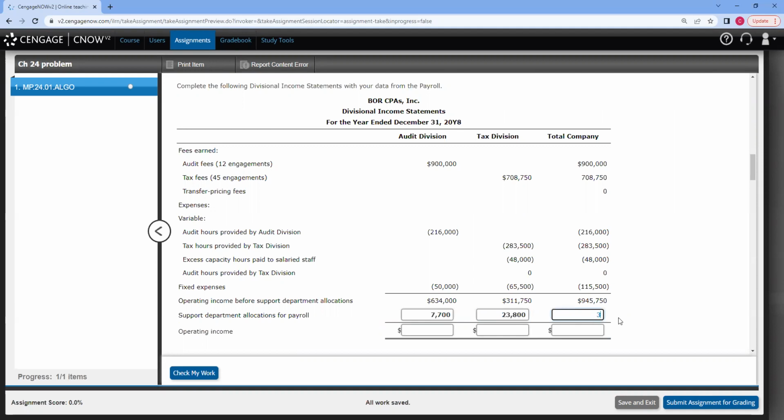And that is the total of $31,500. We are going to use negatives because these are expenses and reduce our operating income. So from there, you should be able to find those totals, take the operating income before support and subtract those.